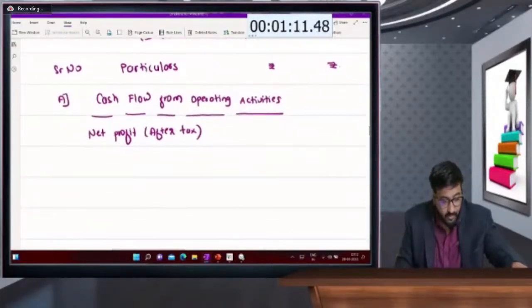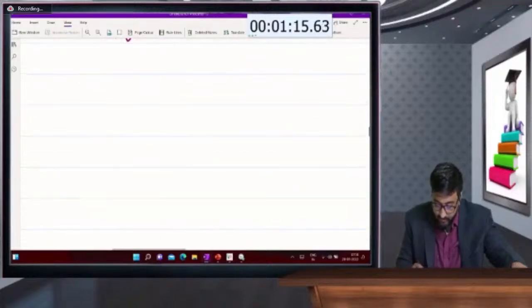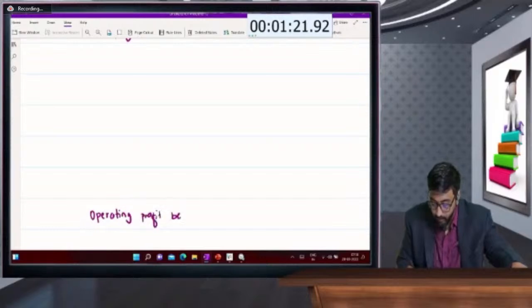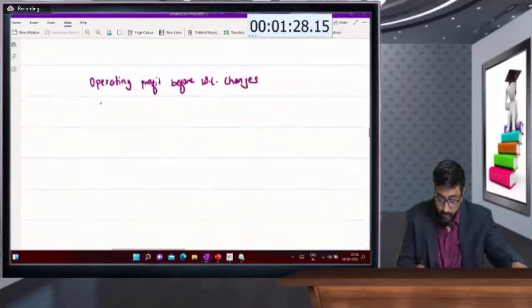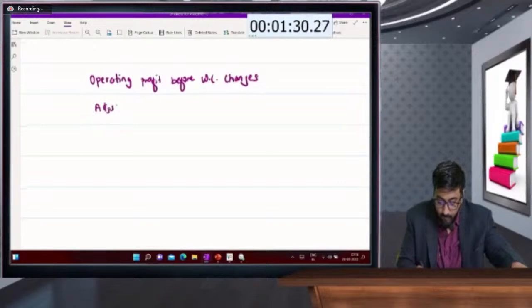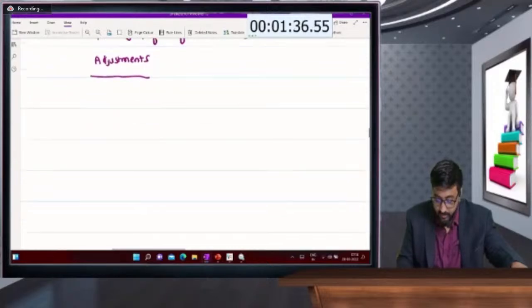Then you please leave 6 lines. Operating profit before working capital changes. Then you have again adjustments of 6 lines.